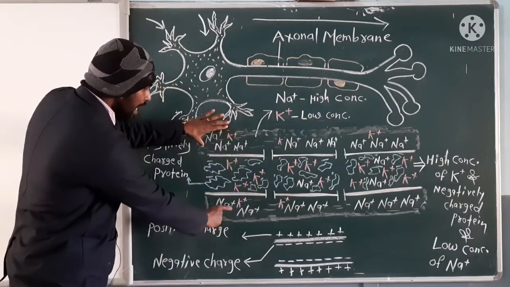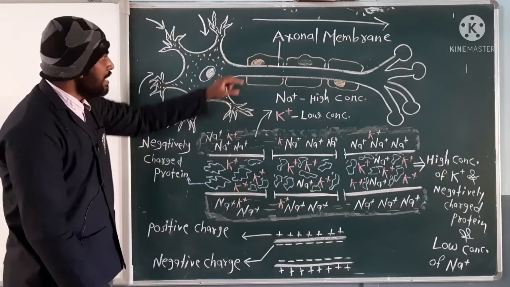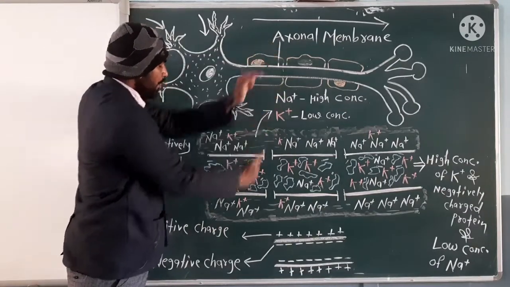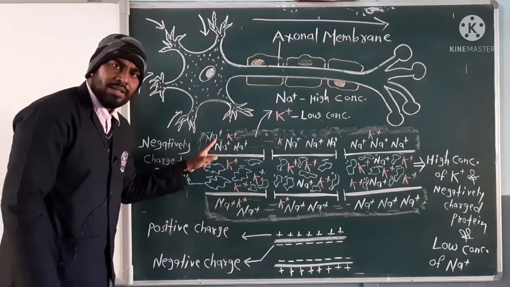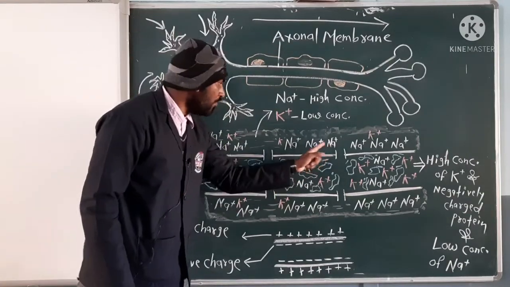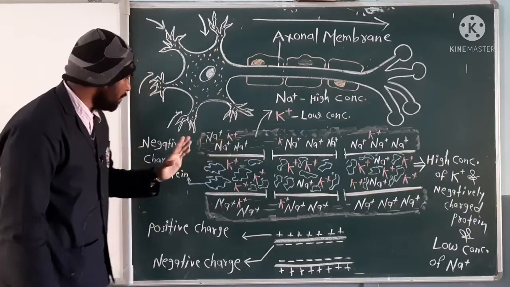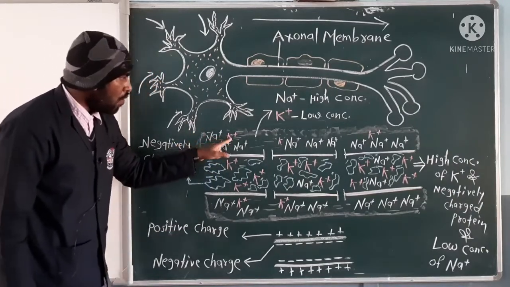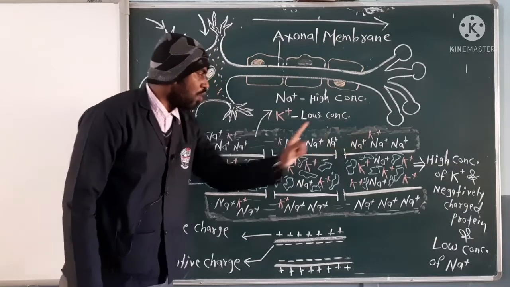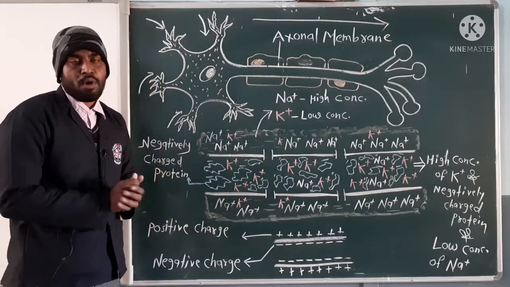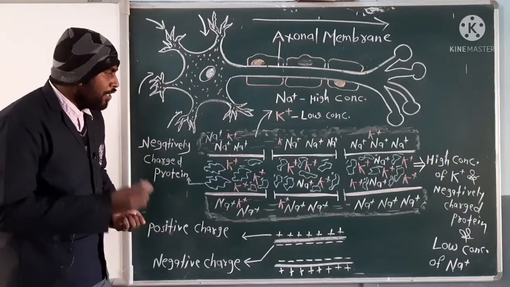When we talk about the outer side of the axonal membrane, here a higher concentration of sodium is present, always remember, and a low concentration of potassium is also present in this area. This concept is very important. Why?